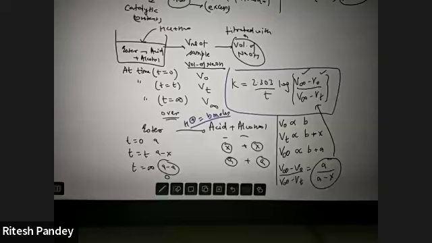So even for acid catalyzed hydration of ester, you will want to stick to this mother equation. I think I'm being understood.